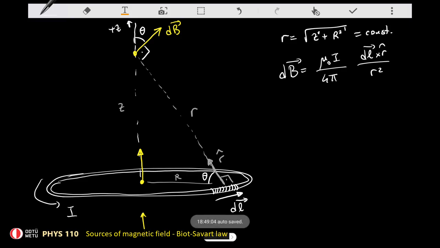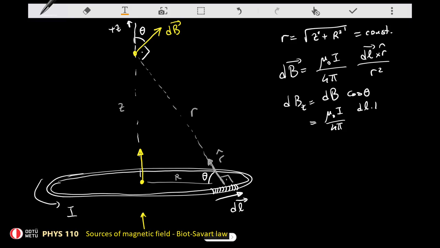All right. By using this, I can compute the z component of the magnetic field. This is dBz, that's the magnitude of this dB multiplied with cosine theta. I need to compute the dB from this expression. So this is mu 0 I over 4 pi. The length has length dl. The r unit vector is 1. The angle between them is 90 degrees.